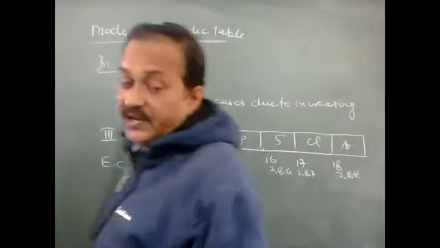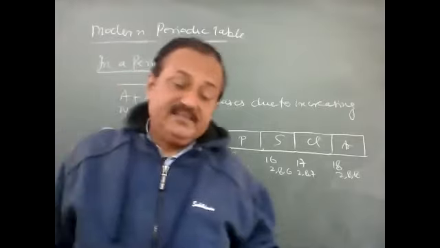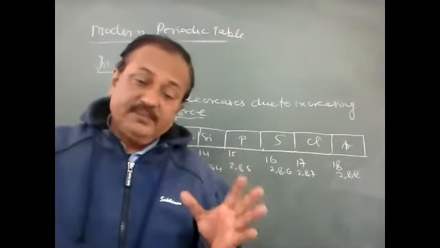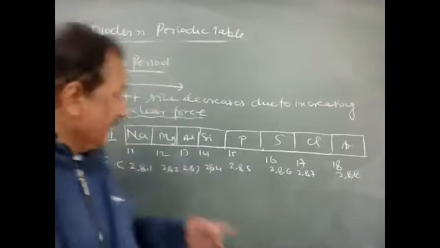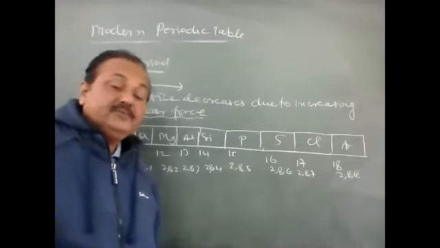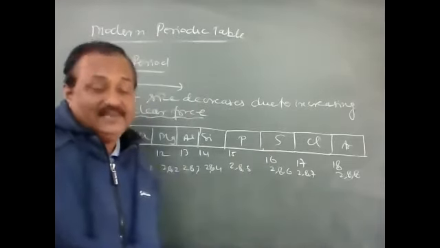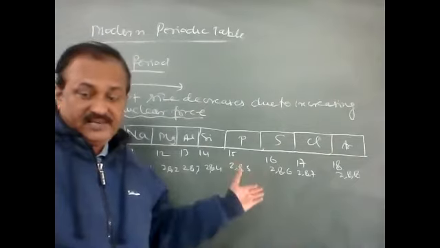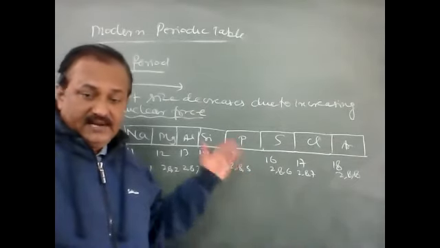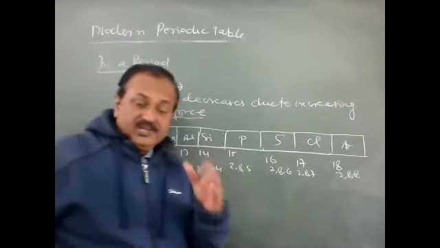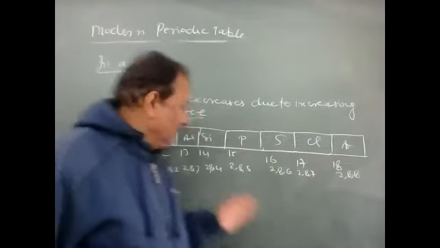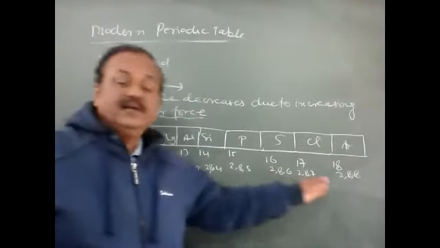But protons are much more massive, much heavier, and as a result, the nuclear force keeps on progressively increasing. Nuclear force increases progressively, and as a result, the nucleus becomes more and more stronger from left to right.